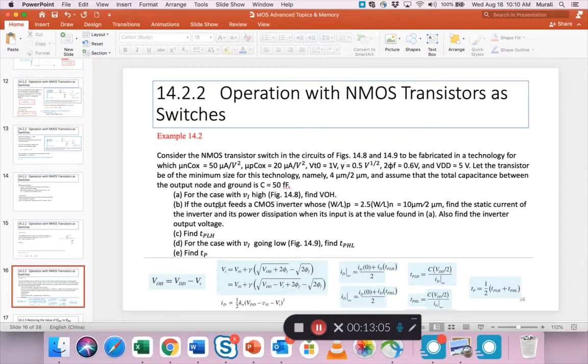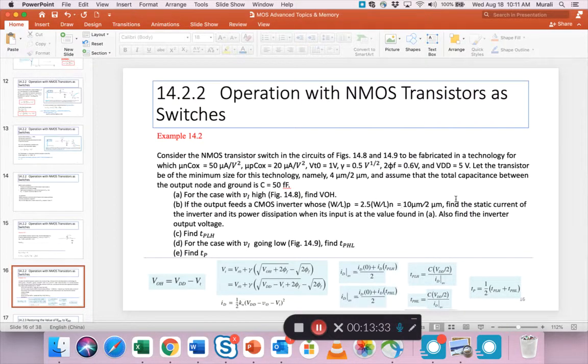First of all, for the case with Vi high, that means the input high, find the V output high, right? That's one thing. Then he is given the fact that the output of our switch is going into a CMOS inverter, right, which has both a NMOS and a PMOS device.